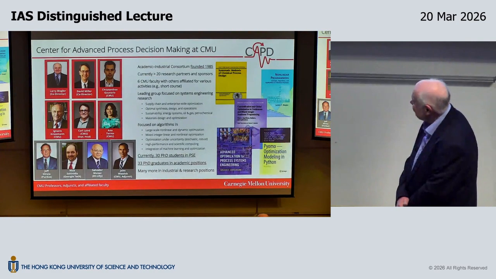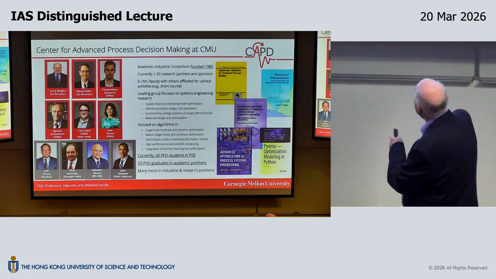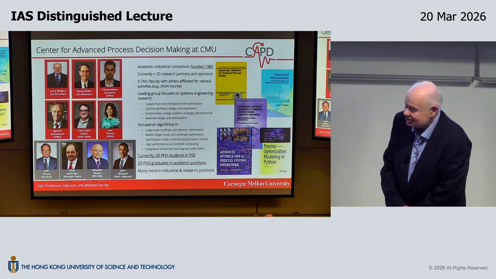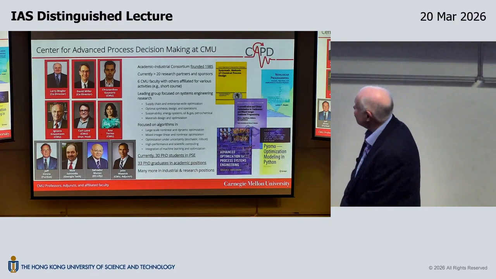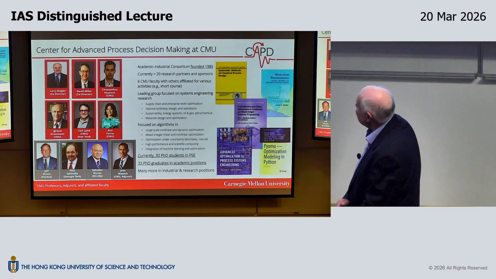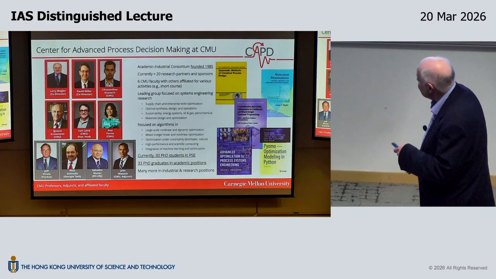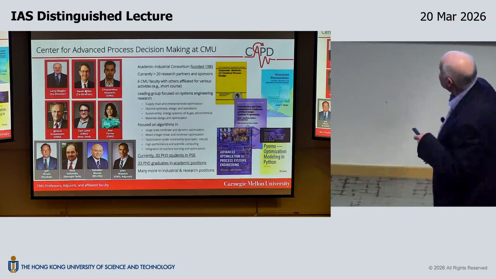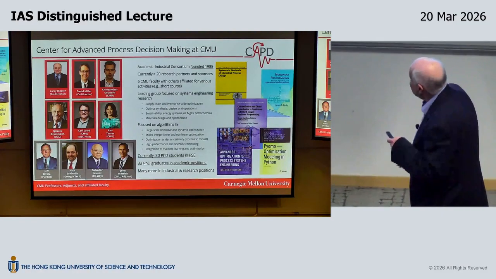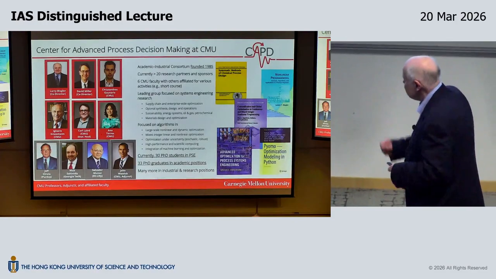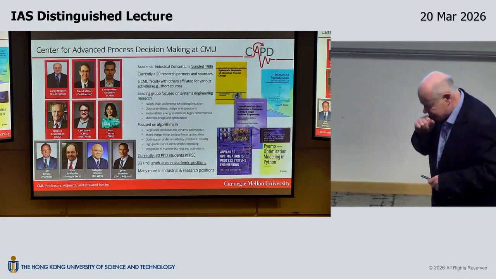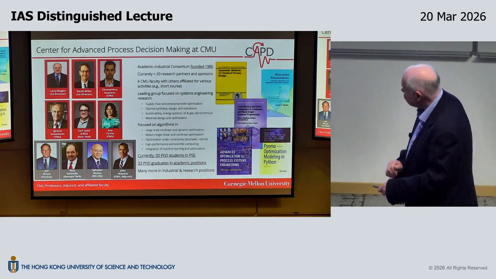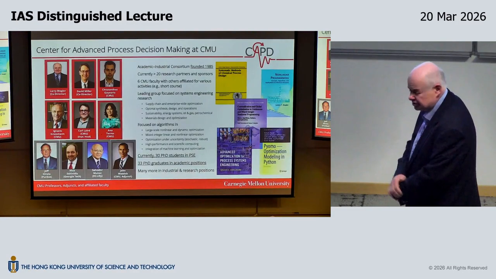And what he and I did was put out this book, with Art Westerberg, which has been around for a few years, but is still useful in some ways. And then I have my other colleagues here. Carl Laird is now department head. David Miller is the co-director of the center, along with me. And then Chrysanthos Maravelias and Anna Torres are also PIs on these programs. And we also have some adjunct professors as well.